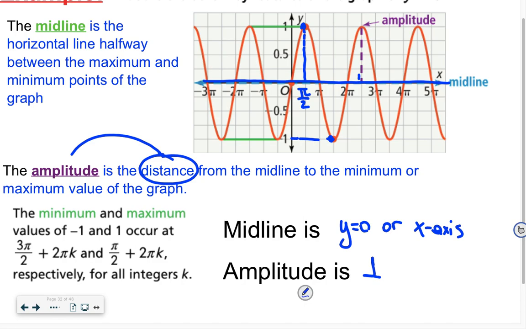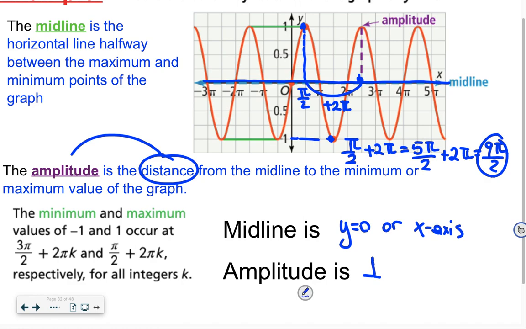The next one is plus 2 pi, which means that this is going to be, what is this value, ladies and gentlemen? 5 pi over 2. Pi over 2 plus 2 pi is going to give you 5 pi over 2. And if you add 2 pi, then you can get another maximum point, which is going to be 9 pi over 2. This is what it explains.